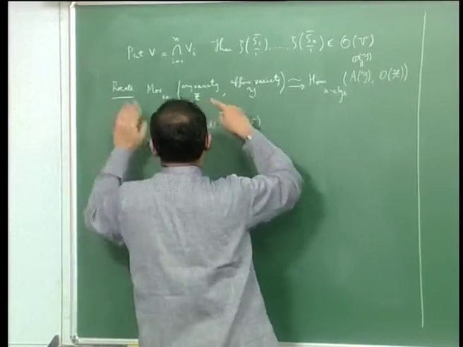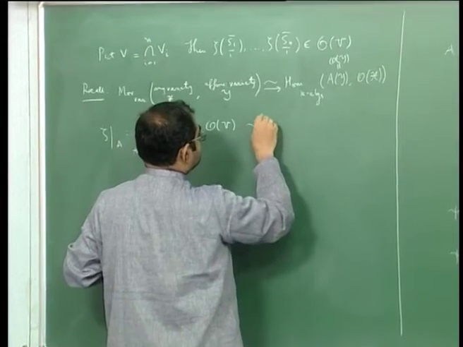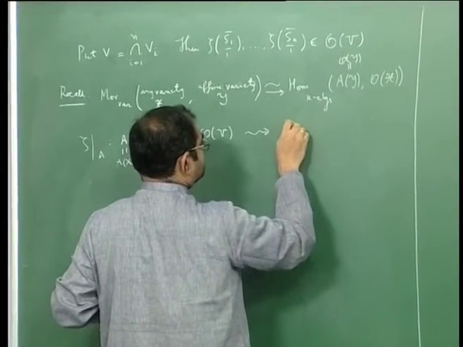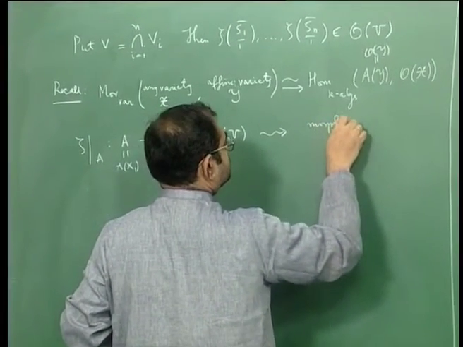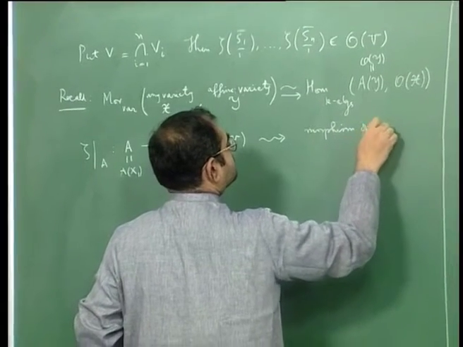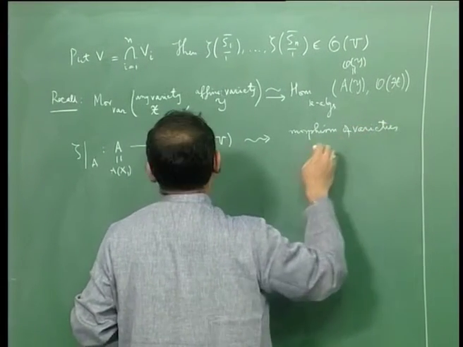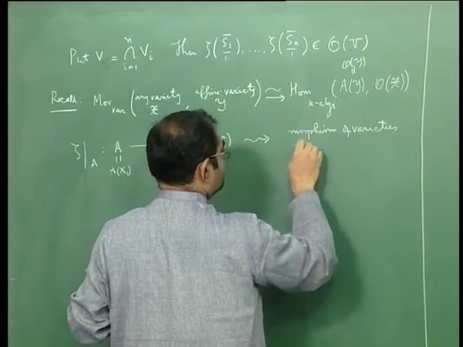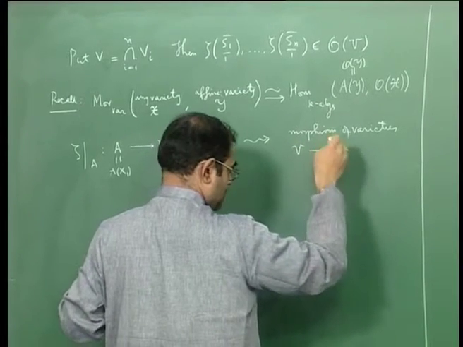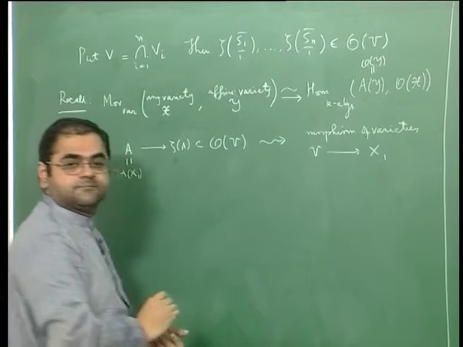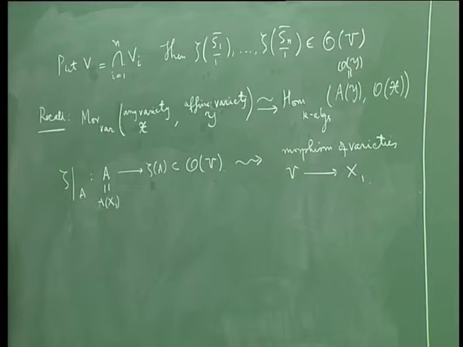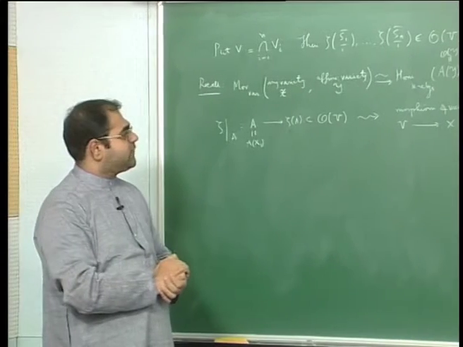So by this result, this gives rise to a morphism of varieties from V to x1, okay, you get a morphism like this. And in fact it's even easy to write what that morphism is.